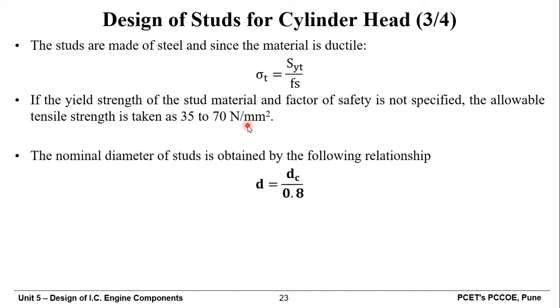And once you get the stress, we can calculate the core diameter of the stud, and by using core diameter we can calculate nominal diameter of the stud. So d is nominal diameter of the stud, which is equal to core diameter divided by 0.8. This is the process to calculate nominal diameter of the stud.